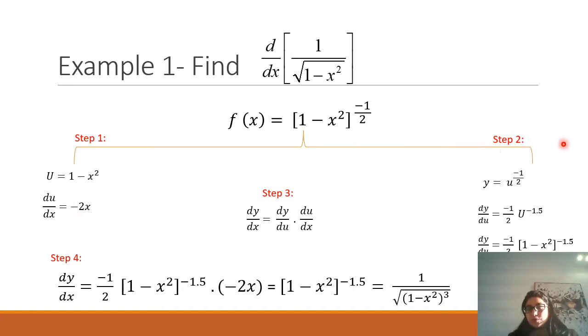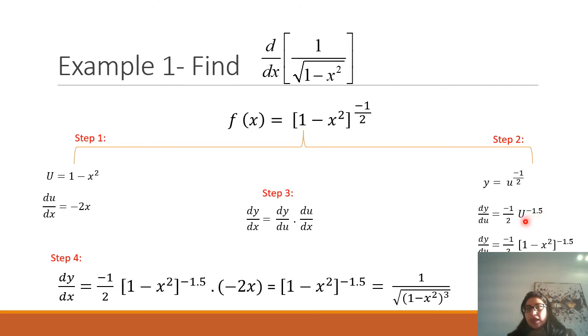Step 2, write the outer function in terms of u. The outer function is the negative half power, but write it in terms of u. So y equals u, which is the inner function 1 minus x squared, to the power negative half. Then you differentiate with respect to u. The negative half will go down, and then u to the power negative 1.5.